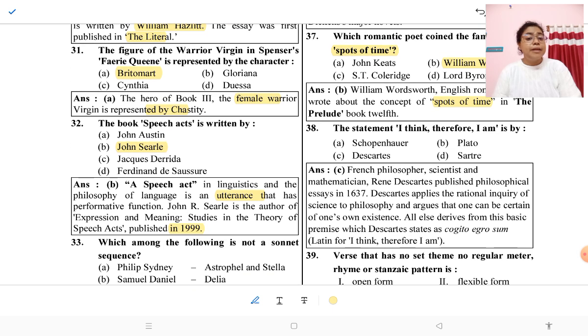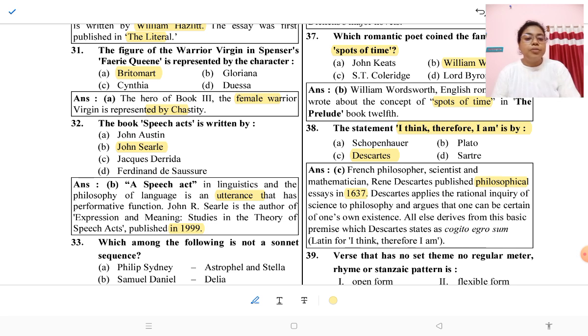Then the statement "I think therefore I am" was famously spoken by Descartes. French philosopher, scientist and mathematician René Descartes published his philosophical essay in 1637. Lacan also repeated this quotation and converted it, maybe to "I am, so I think."